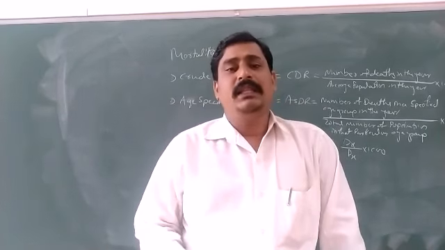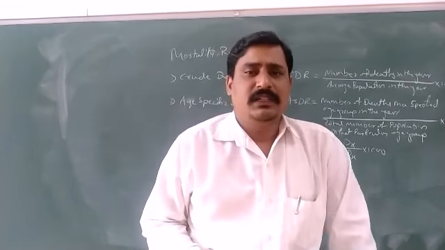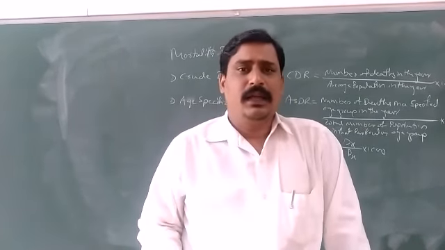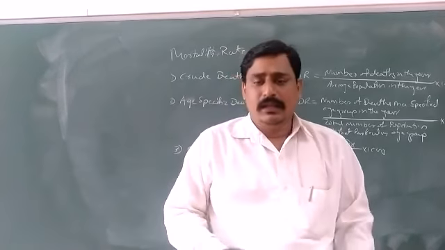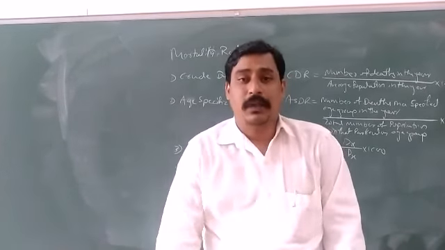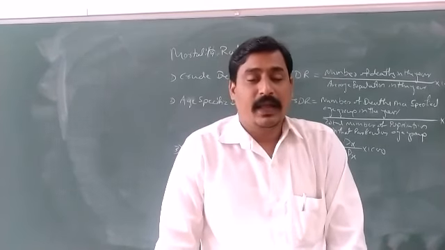Where everything is set normal: medical facilities, nutrition, food, everything is available. In that standard situation, what is the death pattern, and what is the population pattern there?